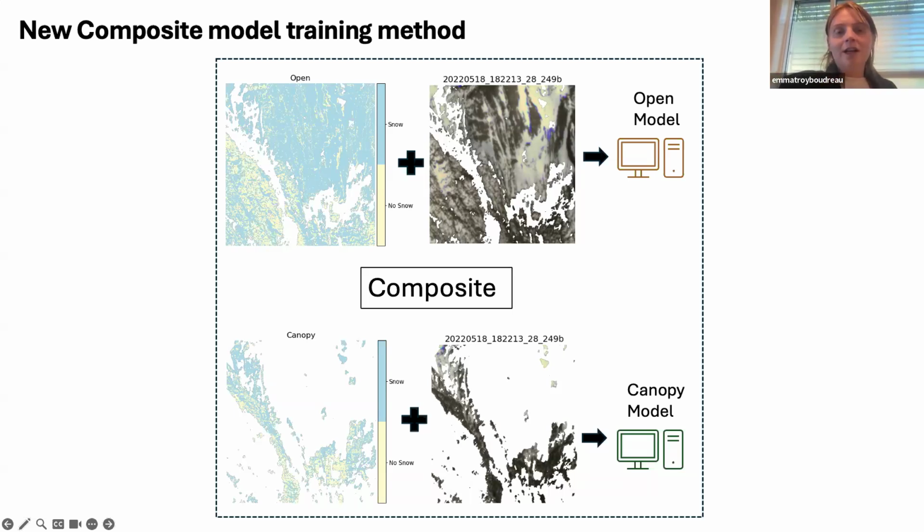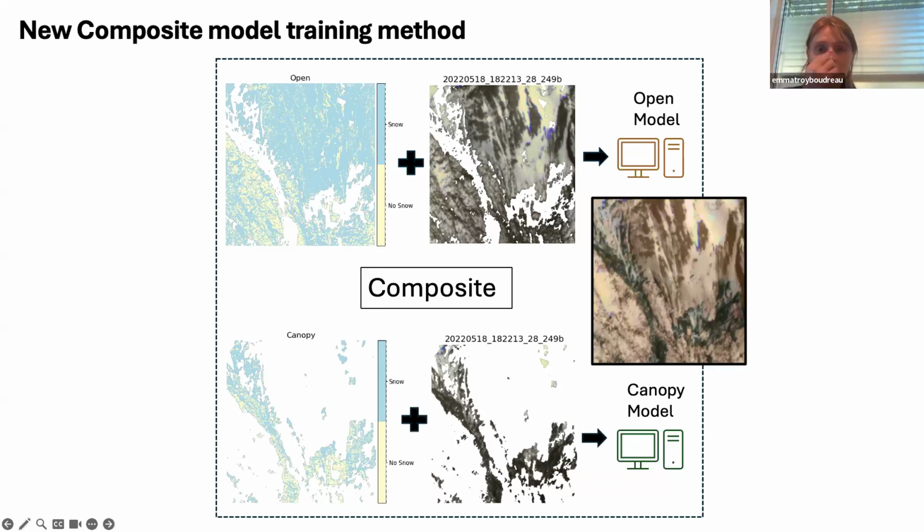And so in the canopy, you might see these darker pixels that are mixed pixels or pixels that experience some shading from nearby trees. And then in the open, there might be a bit brighter pixels. But we take both of these trained models and we apply them to PlanetScope images to map the snow cover.